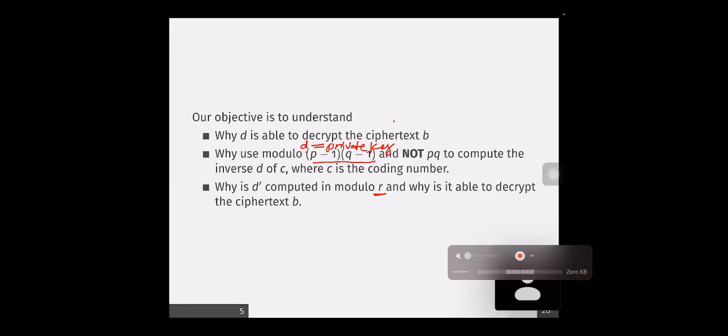And we have shown also that it can decrypt the ciphertext. So now, hopefully, when you review this video, you will get to understand more the mathematics behind the RSA.